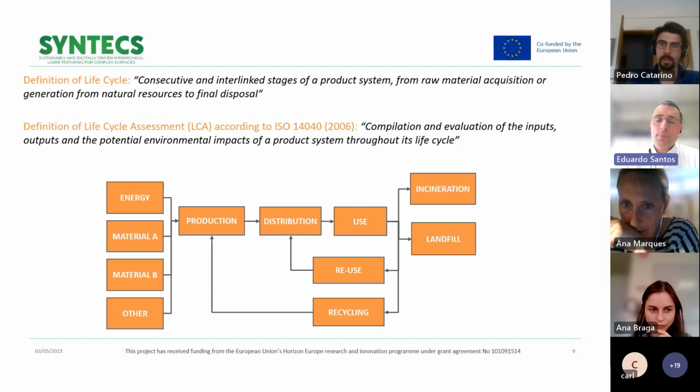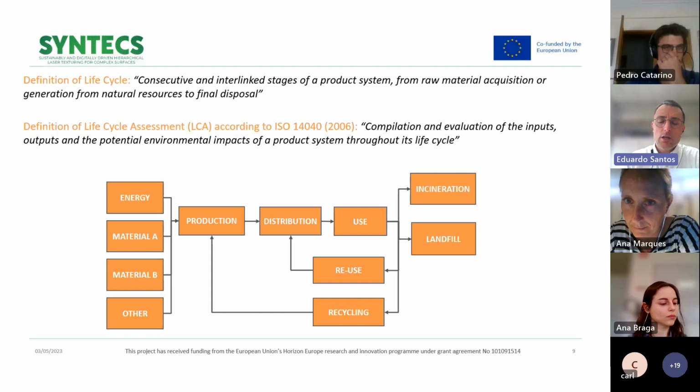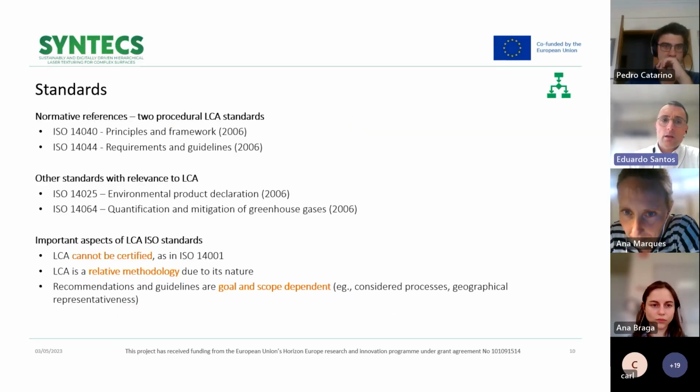Also, from this life cycle definition, we can then draw the definition of life cycle assessment according to ISO 14040: it's a compilation and evaluation of the inputs, outputs, and the potential environmental impacts of a product system throughout its complete life cycle. So there is a set of standards that currently exist from ISO.